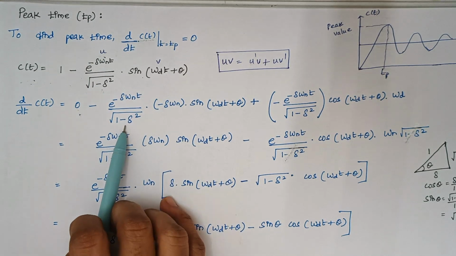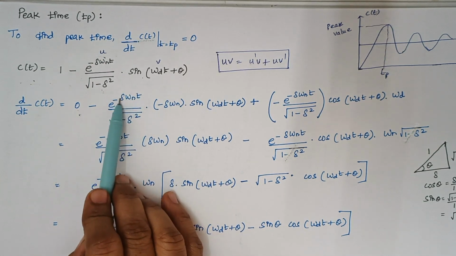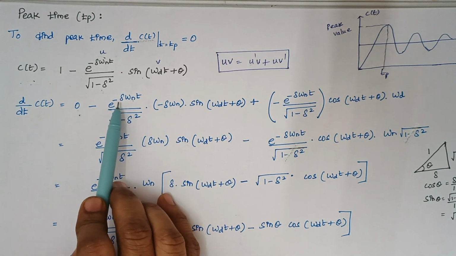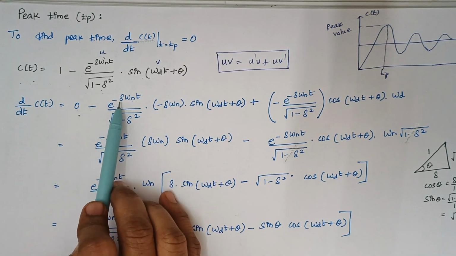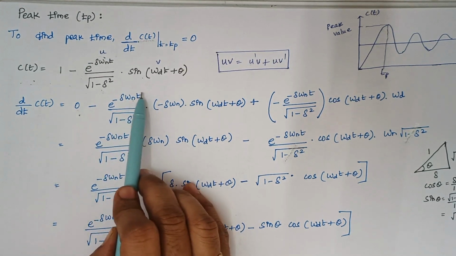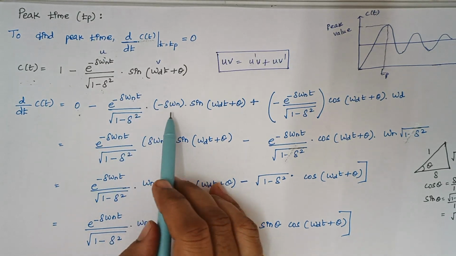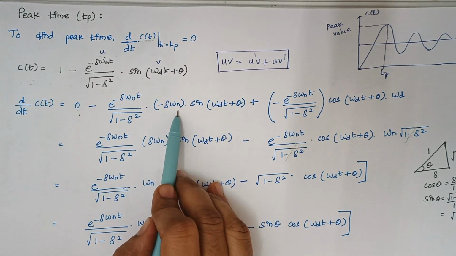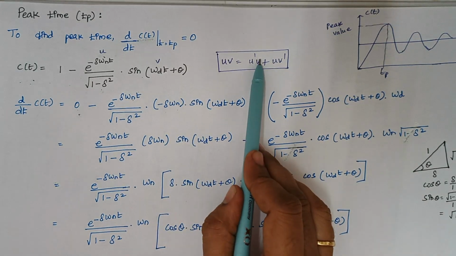And when you differentiate minus zeta omega n t, the value of t becomes 1 and we have the remaining terms, minus zeta omega n, dot, and we keep the v as such.